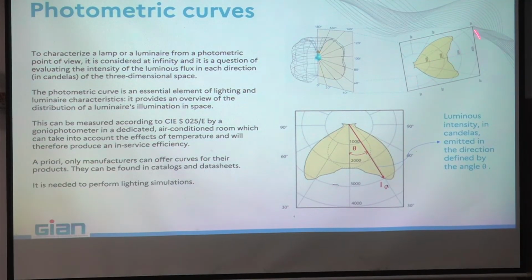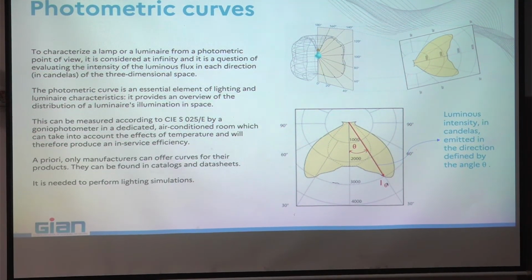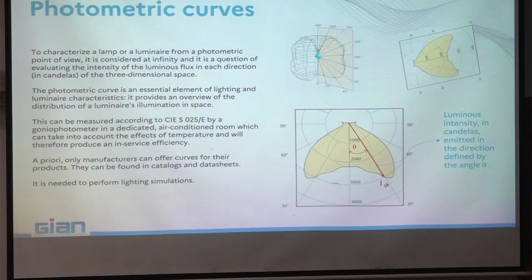This photometric curve is not just a picture, but you can use it in principle to obtain from the curve the luminous intensity going in a given direction. If you take the cut here, on the axis you see 1000, 2000, 3000, and then you have the directions.